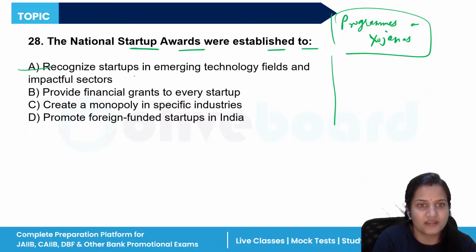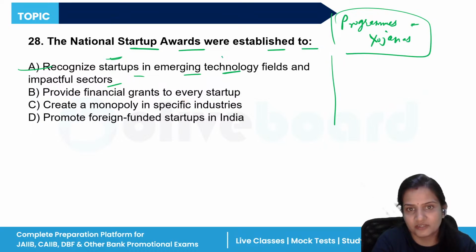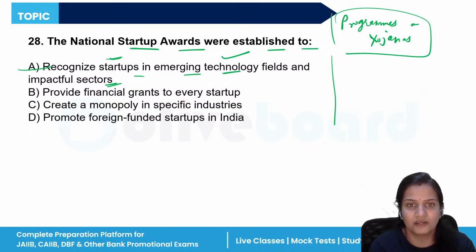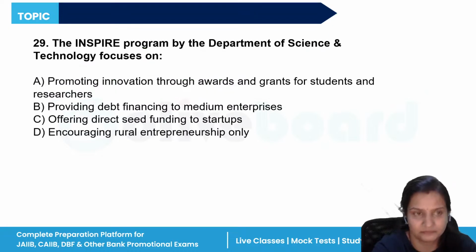These are all programming part, because for every yojana, every program, you have to learn what its main objective is. It is to recognize startups in emerging technology fields and impactful sectors, those which have impacted those sectors in a very positive manner.